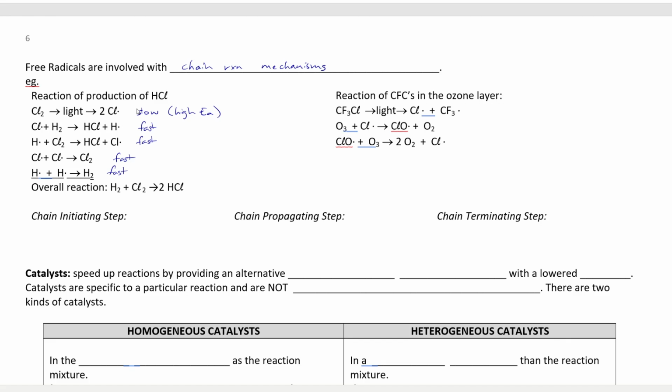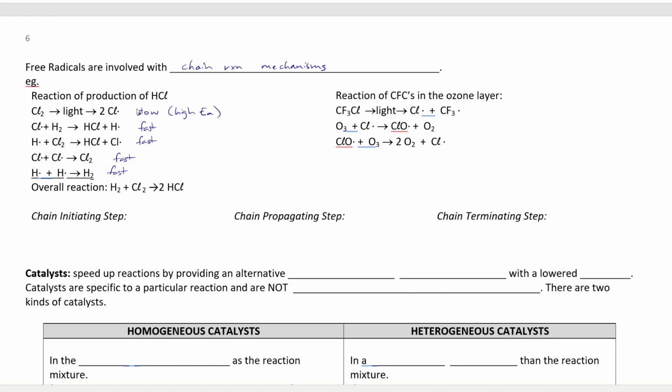That's going to be a fast step. And so your overall reaction in this reaction mechanism shows that H2 plus Cl2 forms 2HCl. Okay, so in that overall reaction, this is what happens.